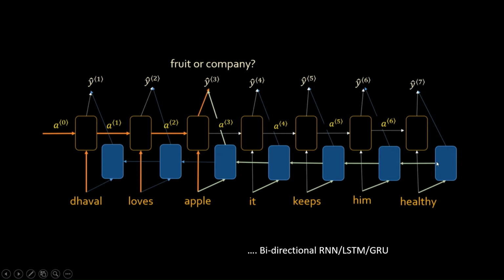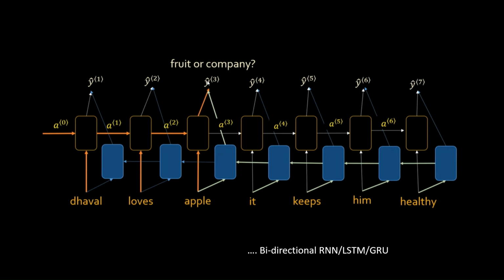You can see that all these activations, processed in sequence order, merge at A3, which goes to the final outcome of y3 hat. All this is called a bidirectional recurrent neural network. Whether it is RNN or LSTM or GRU, whatever the recurrent cell is, this is called a bidirectional recurrent network.